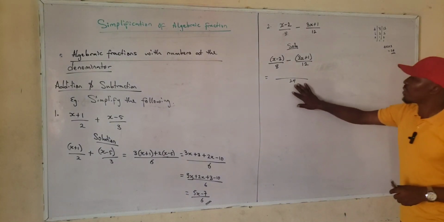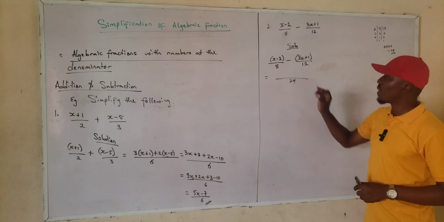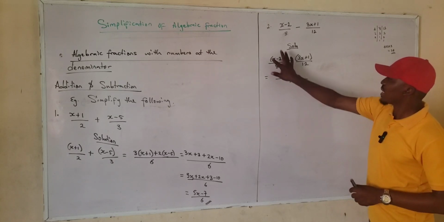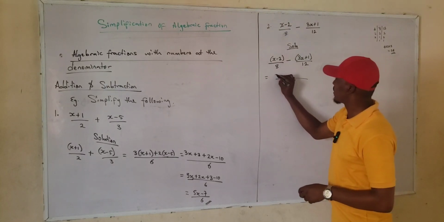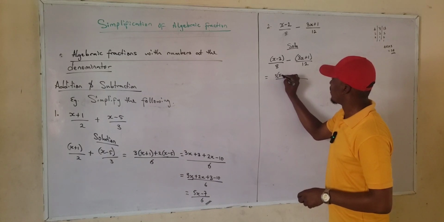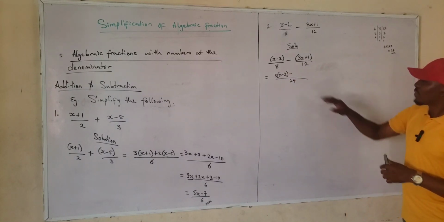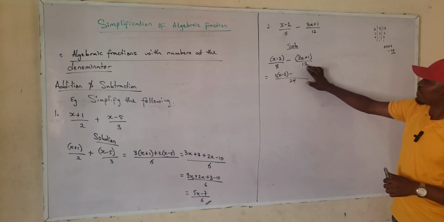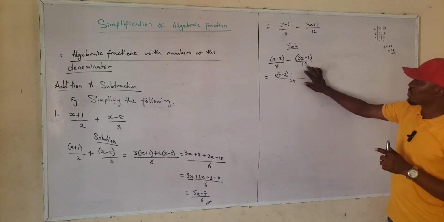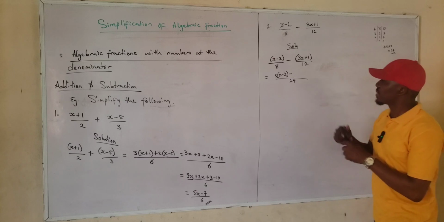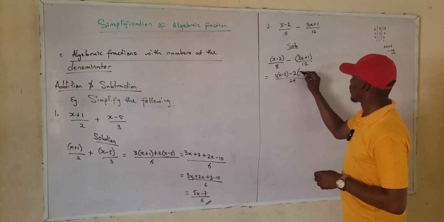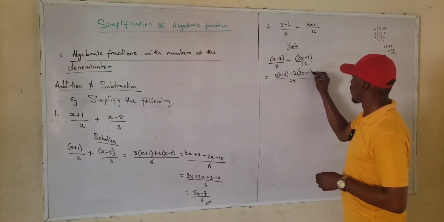So 24 divided by 8 will give me 3. 3 times my bracket, so I'll have my 3 into my bracket, minus 24 divided by 12, that will give me 2. 2 into my bracket, so that will give me 2 into 3s plus 1.